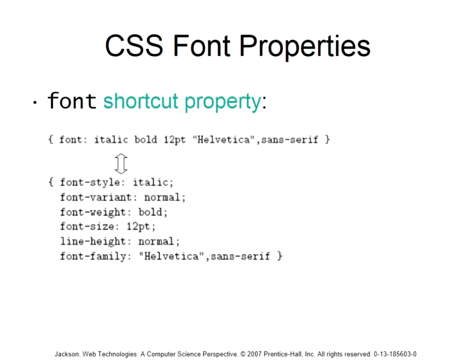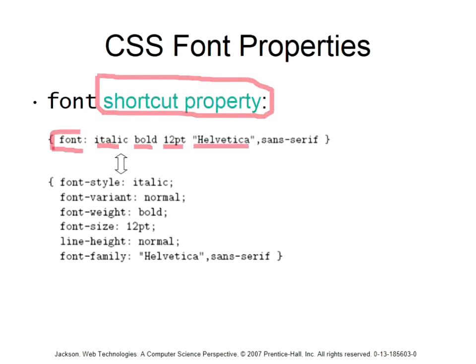Also, there is another important topic in CSS, the shortcut property. What's the meaning of shortcut property? When we write font, not font size or font style or font weight or font family, just font, and after that we write italic, bold, 12 pt, Helvetica, sans serif.